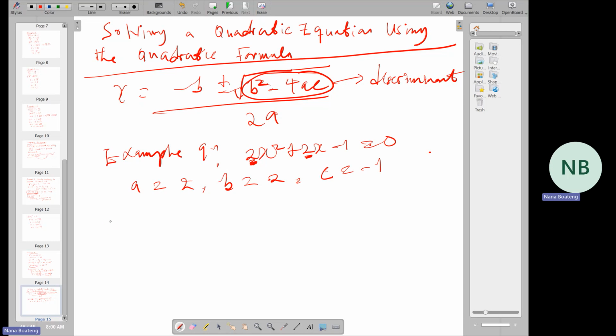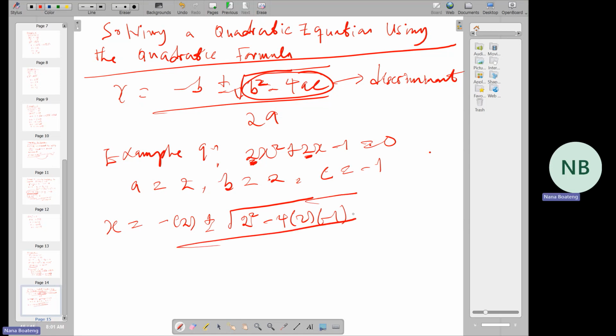So we have x is equal to -2 plus or minus square root of b squared, so 2 squared, minus 4ac. So 4 times a, which is 2, and c, which is -1, all divided by 2a. So 2 times a, so 2 times 2 is 4.